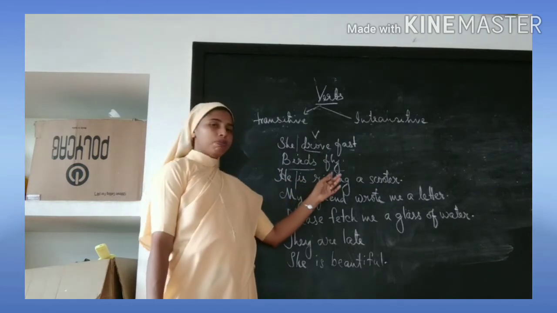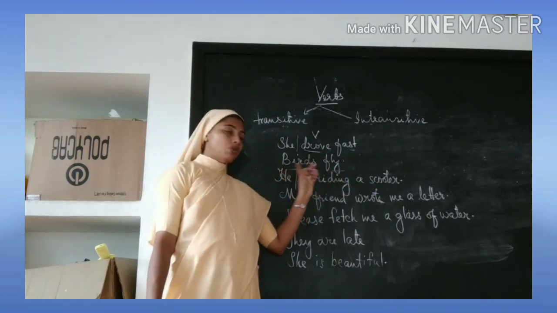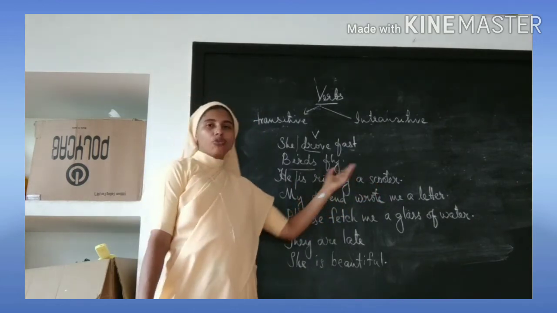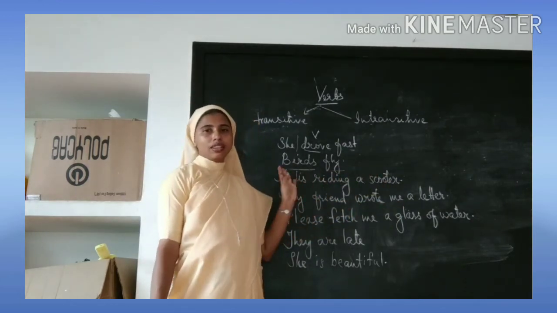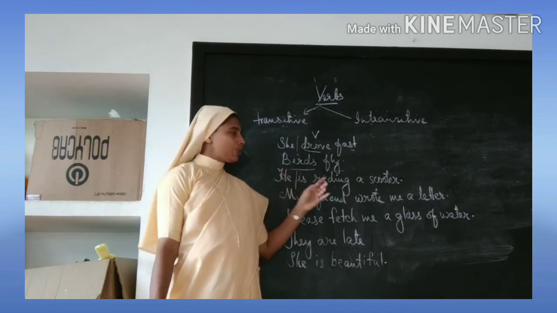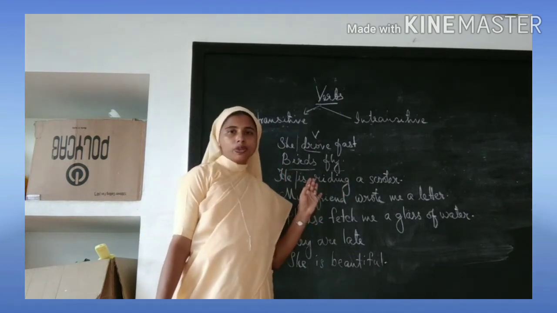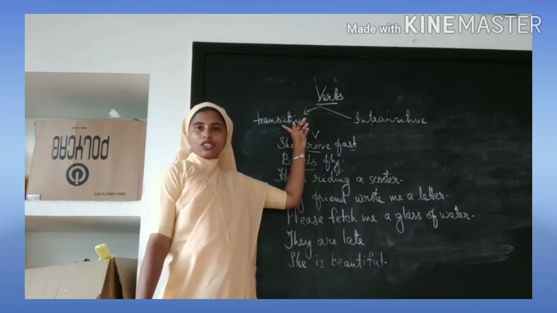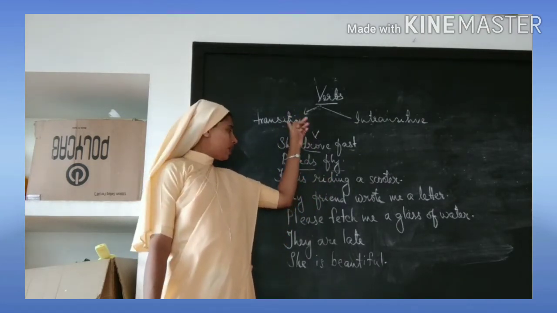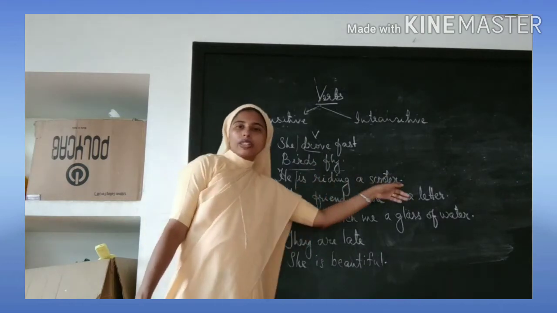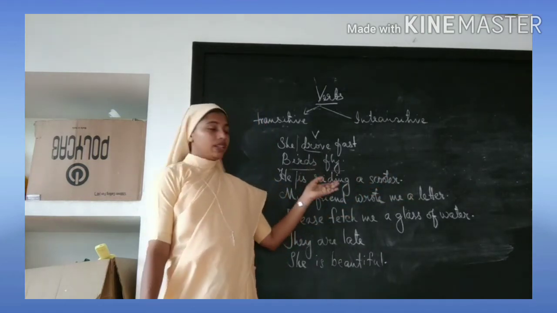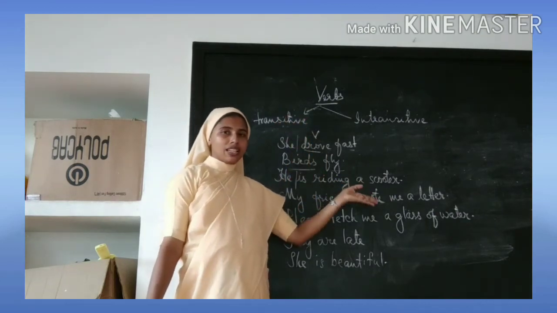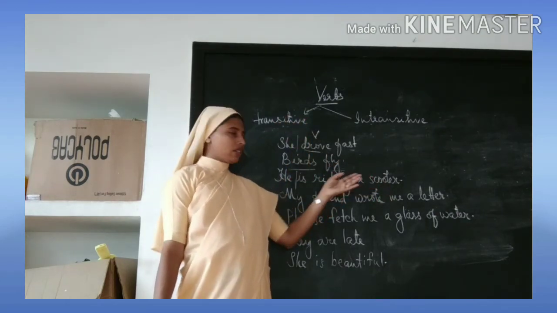And the verb is proceeding from subject to receiver. He is riding what? You will get the answer there: a scooter. So a scooter is an object in the sentence. So it belongs to the category of transitive verbs because it is progressing from doer to receiver, because it has a receiver of the action.